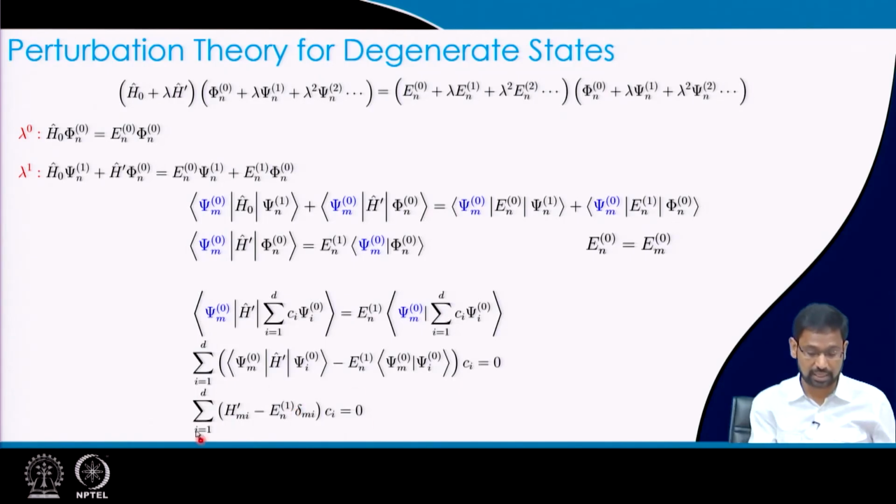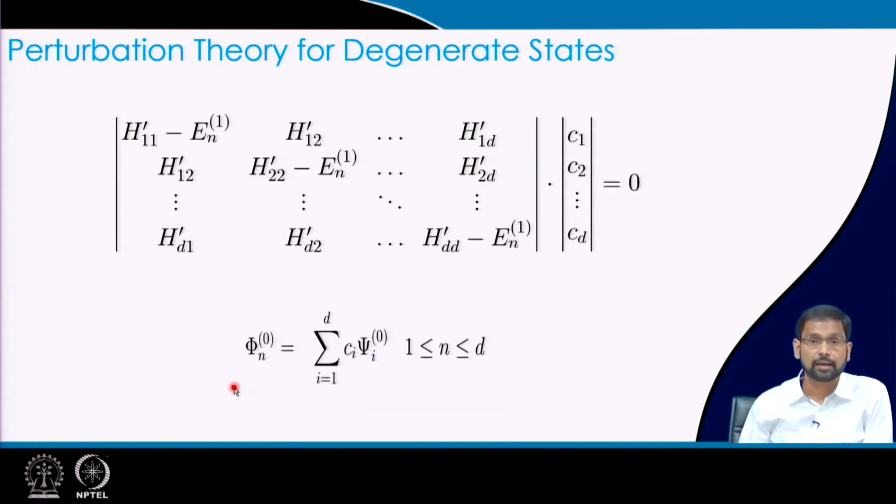Let us look at the secular equation. The non-trivial part of the solution is essentially opening this determinant and finding the values of E. If this is a d by d determinant with these matrix elements, then when I expand it, I obtain an equation of order d, and the solution of it gives me d number of energy values.